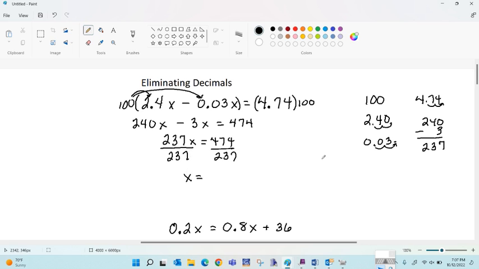So x equals 474 divided by 237. Doesn't go in once. Let's try twice. 14, 7, 4. Oh, good. It went in 2 times. So x equals 2. Not so bad once you get rid of those decimals out of your way.